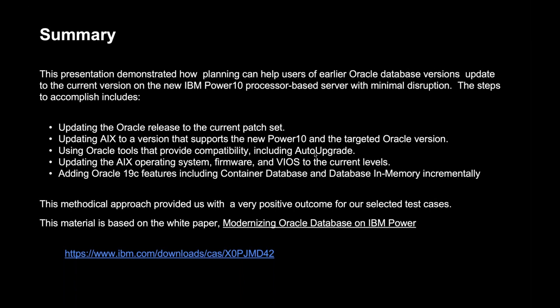In addition, make sure your firmware is up to date. Make sure if you're using virtualization that the AIX Virtual I/O Server, VIOS, is up to its current levels. That's both on the source machine, your older machine, as well as your new ones. Get your software current. Your life will be easier. And make those changes on your base machine first so that you've already seen what the behavior is.